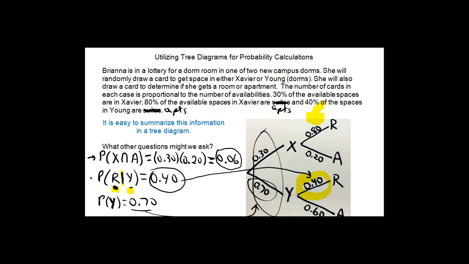A conditional probability will always be a number on an interior branch, and a product, an intersection, an and, will always be the product down the appropriate branch. So intersection, product; conditional probability, just a number right off one of the interior branches; and a normal probability that doesn't have an and or a condition is just one of the numbers off the first branching.